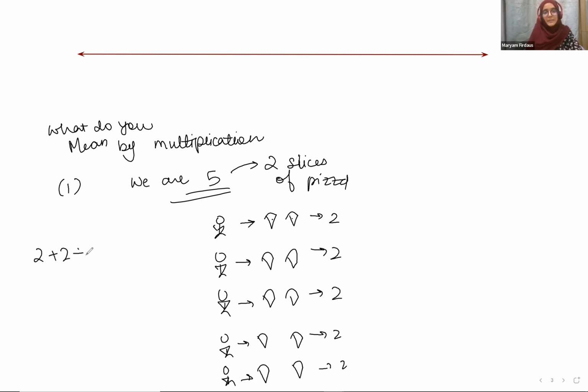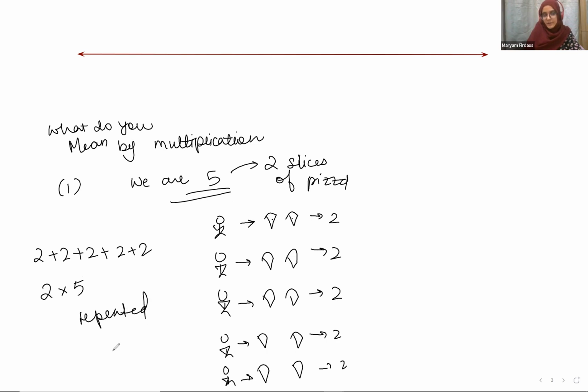So 2 is added by itself, you are adding 2 how many times? 5 times. So this is what happens when we say we are multiplying something. That is the meaning of multiplication. That's what I wanted to know from you when I asked what is multiplication. Multiplication is basically repeated addition.